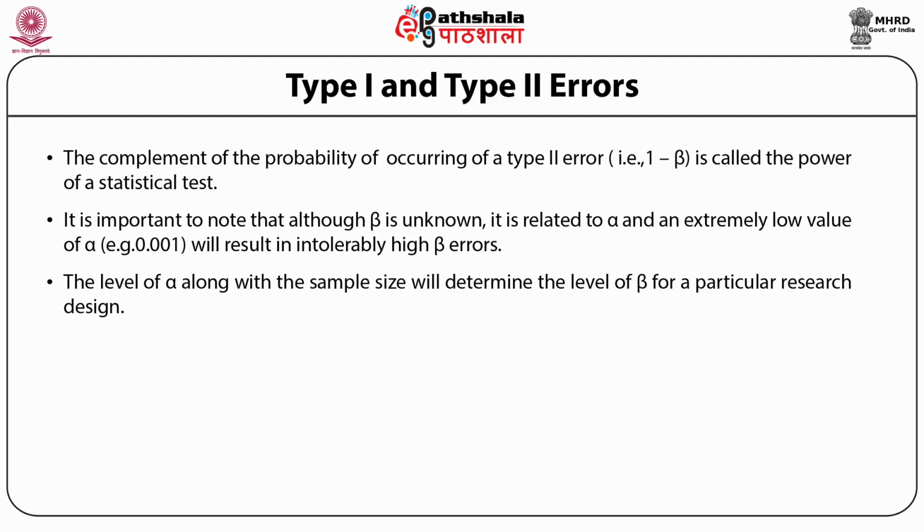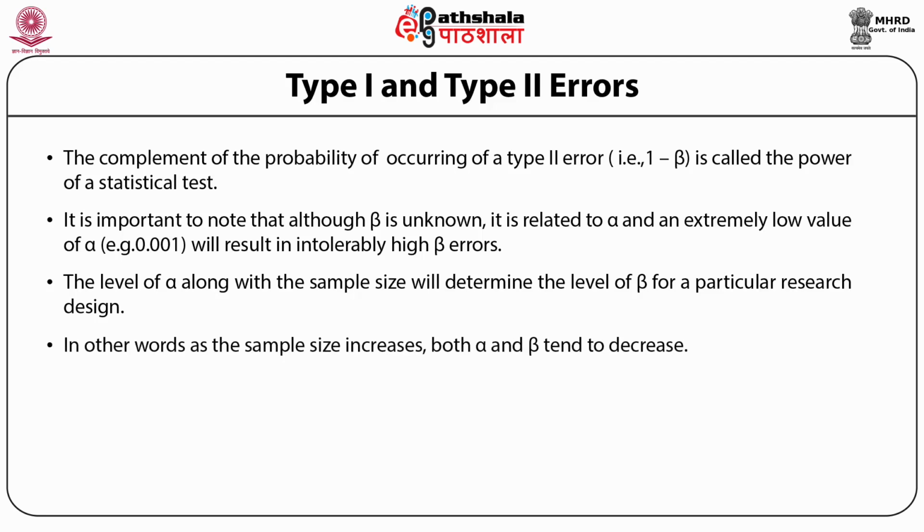However, the risk of both beta and alpha can be restricted by taking a larger sample. For a given level of alpha, by increasing the sample size, we will be able to decrease beta, therefore increasing the power of test, that is again 1 minus beta. In other words, as the sample size increases, both alpha and beta tend to decrease.